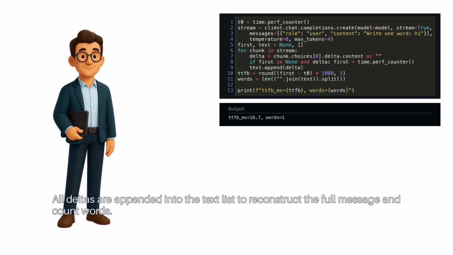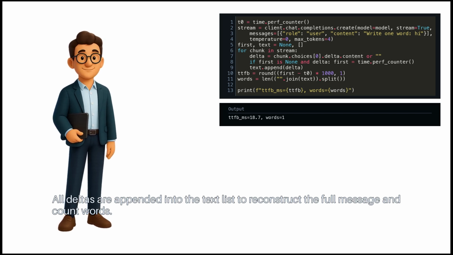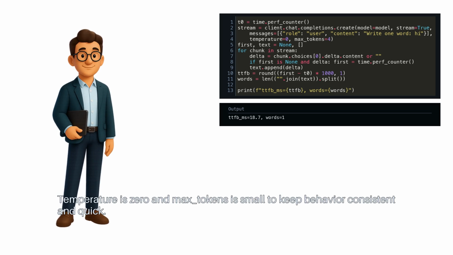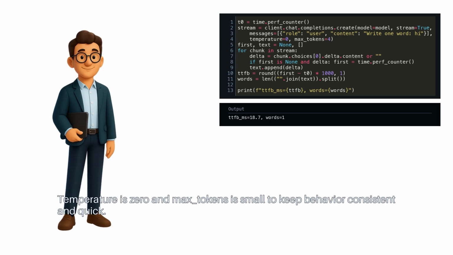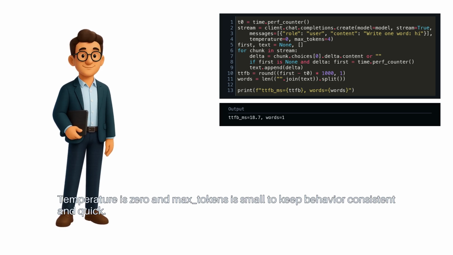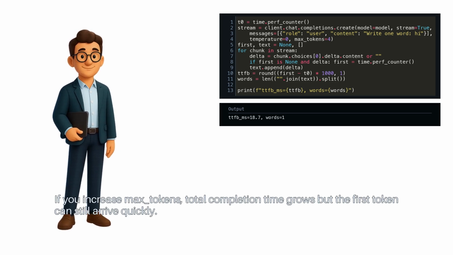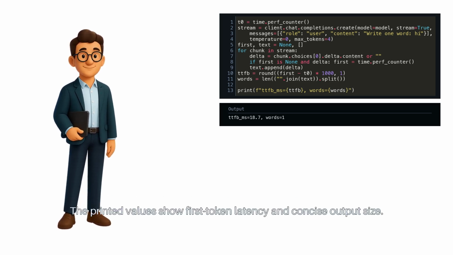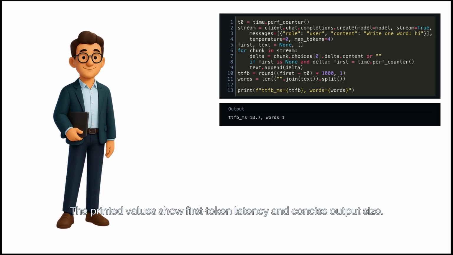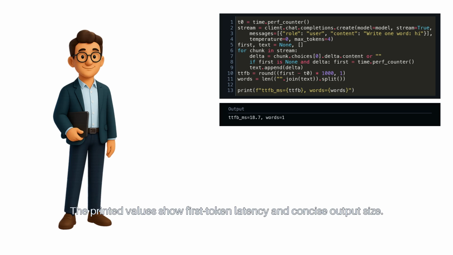All deltas are appended into the text list to reconstruct the full message and count words. Temperature is 0, and max tokens is small to keep behavior consistent and quick. If you increase max tokens, total completion time grows, but the first token can still arrive quickly. The printed values show first token latency and concise output size.